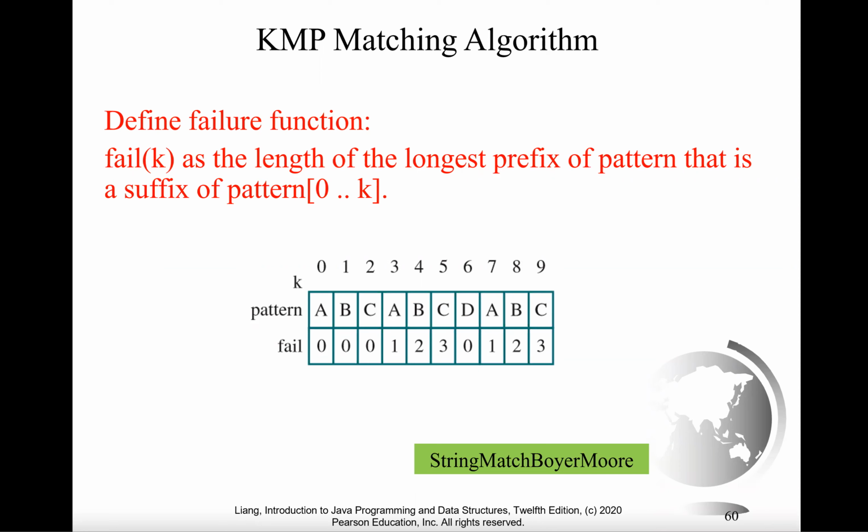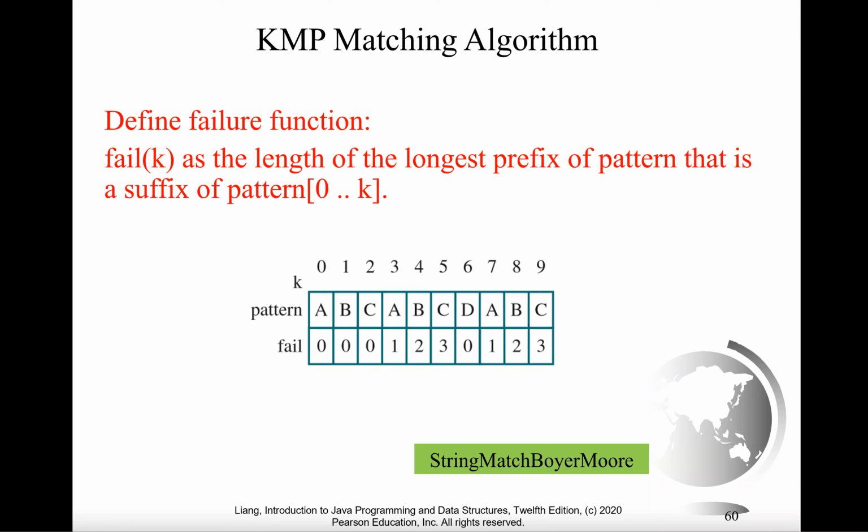The KMP algorithm is efficient. It achieves order of m plus n in the worst case. It is optimum because every character in the text and in the pattern must be checked at least once in the worst case.